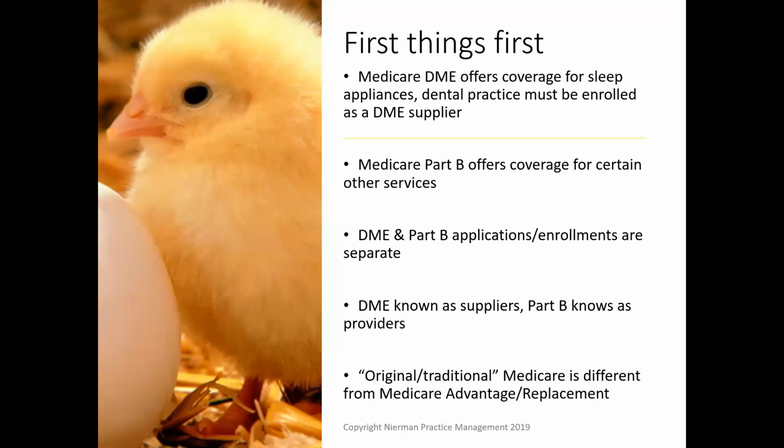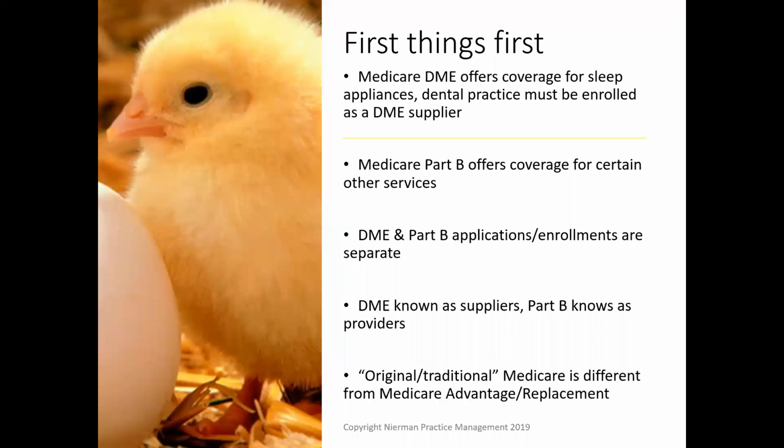And so it's really important to know that if you're going to participate in Medicare, mostly what it's going to be for is for the sleep appliances. We don't see a lot of other things coming back, such as surgeries to dental practices, because not much is covered through Medicare. Now, keep in mind, DME is part of Part B, which are Medicare services. And so you cannot opt out of Medicare and be a DME supplier. More on that later.